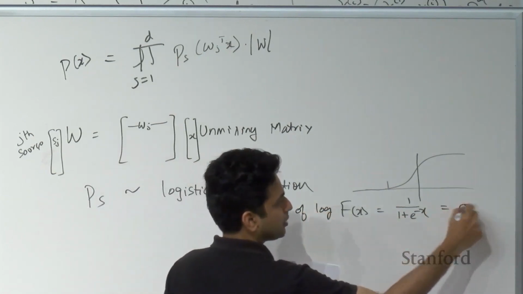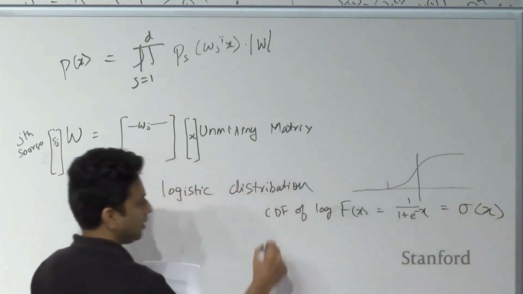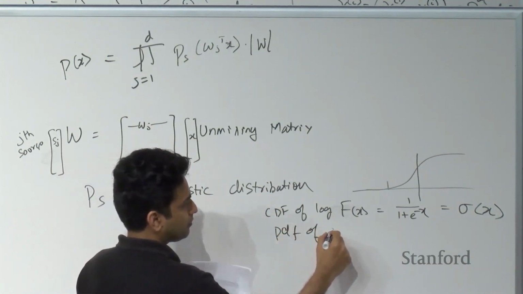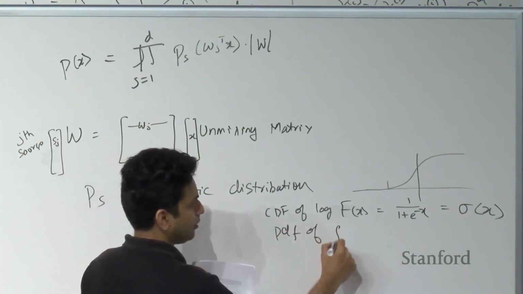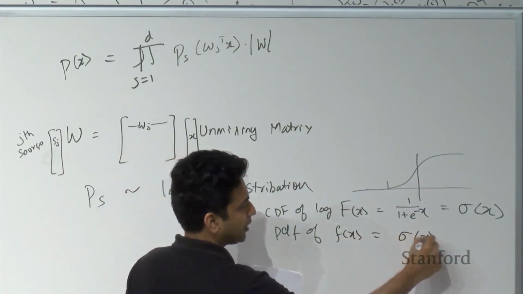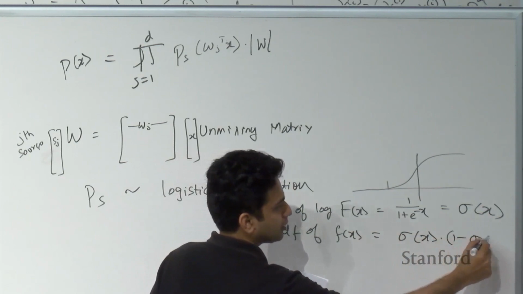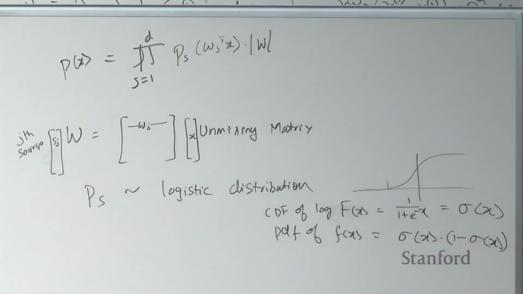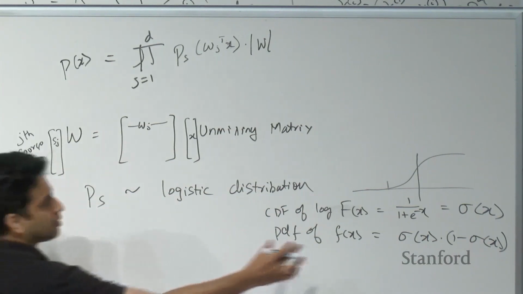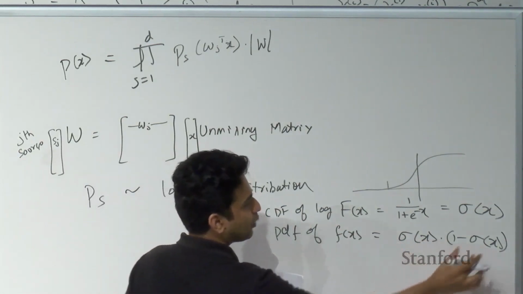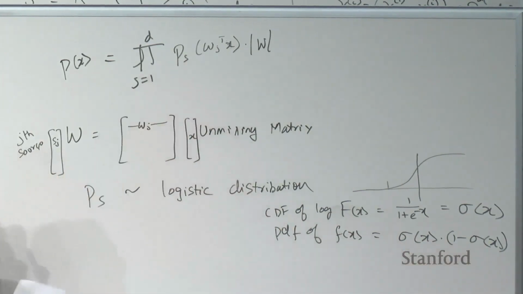You can call this sigma of x, and so the PDF, the probability density of the logistic, f of x, is the derivative of this. That's basically sigma of x times 1 minus sigma of x, where sigma is the sigmoid or the logistic function, right? And using this, sigmoid x times 1 minus sigmoid x will be Ps of x.